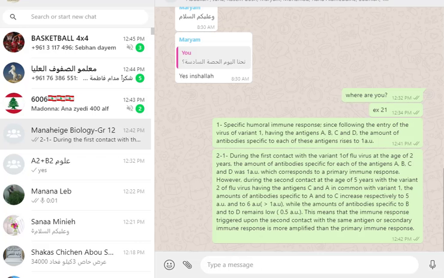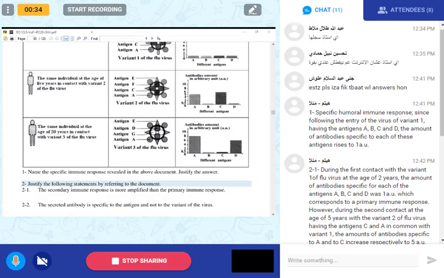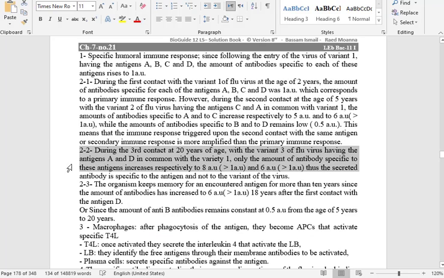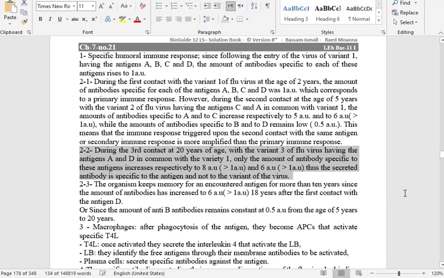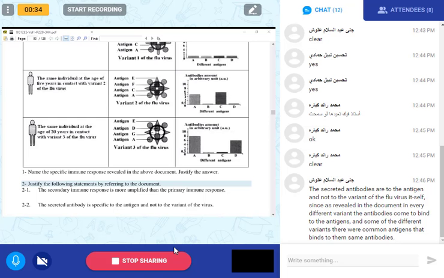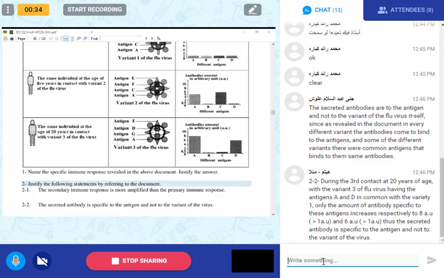Okay, what do you want to say here? That in the second variant we had antigen A and antigen C, so they had high antibodies. While in the third variant we had antigen A and antigen D but not C, so they were high only for those. So it always has nothing to do with the variant but with the antigen itself. Because the antibody will not hold the whole variant, the whole virus. It will hold only the part that it will identify.